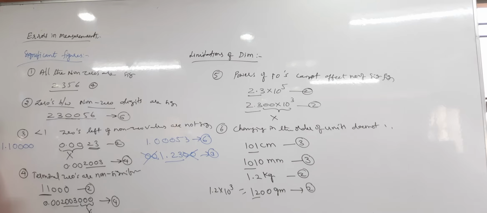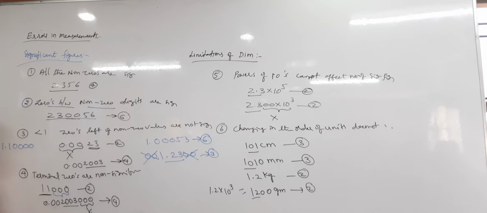Then what is the use of that? You are just finding which are necessary, which are not necessary. This is not about the final value. In 11000, these 3 zeros are terminating zeros, so those are non-significant.